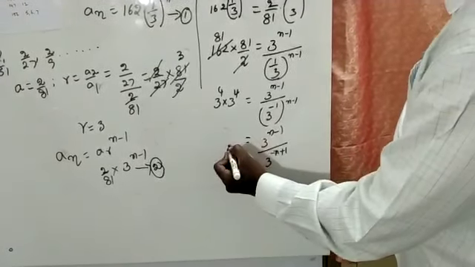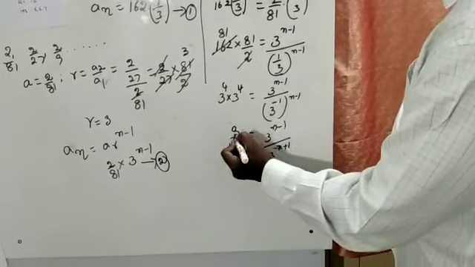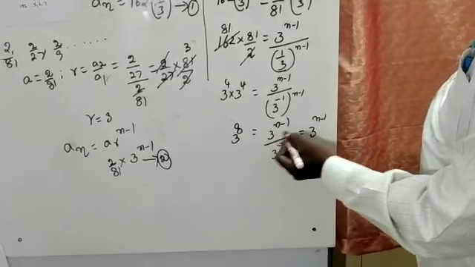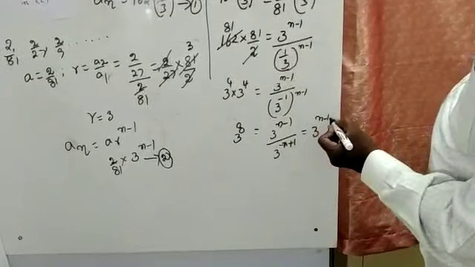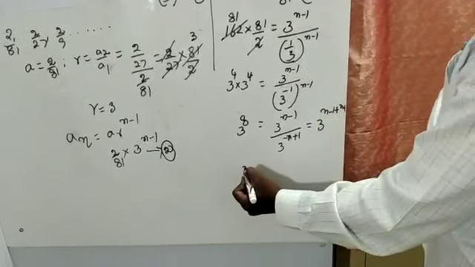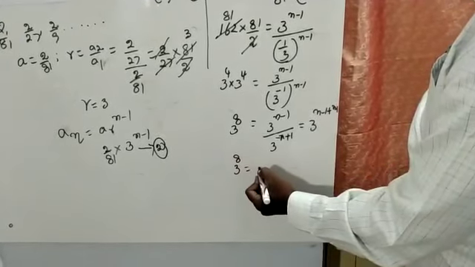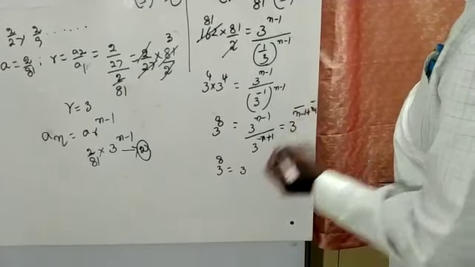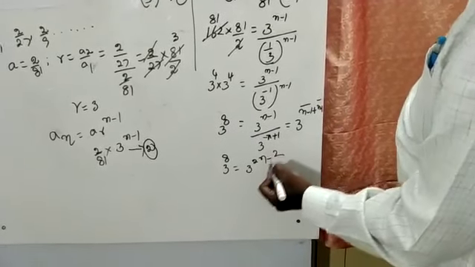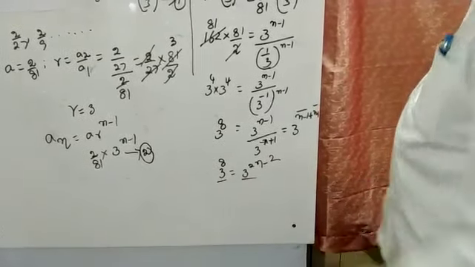Here 3 power 4 plus 4, 8. This becomes 3 to the power of n minus 1. Take the numerator to plus n minus 1. So here 3 power 8 is equal to 3 to the power of n plus n, 2n minus 2.